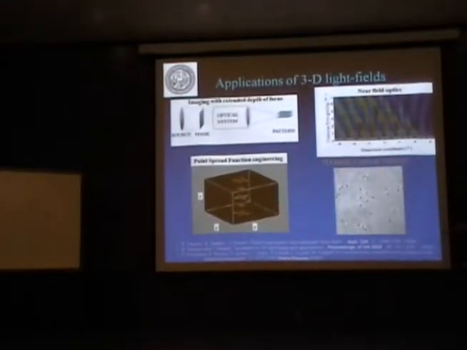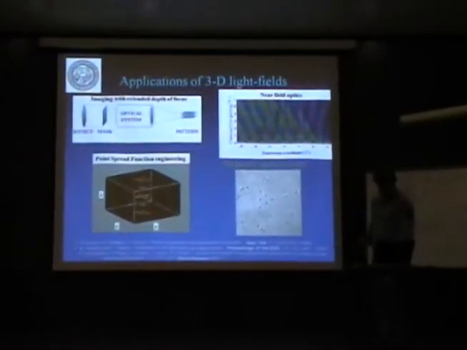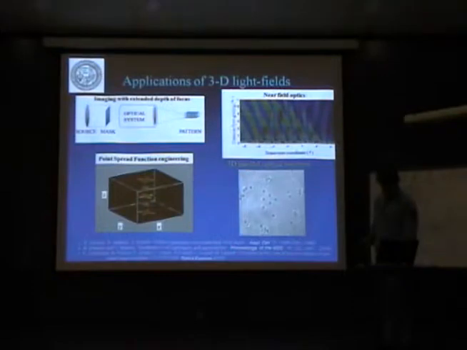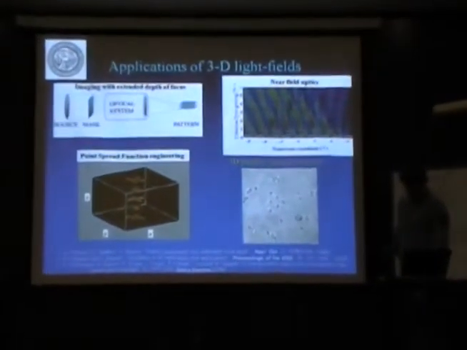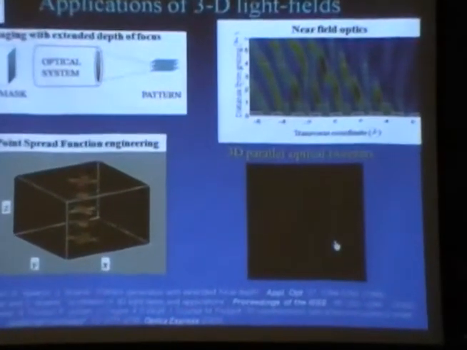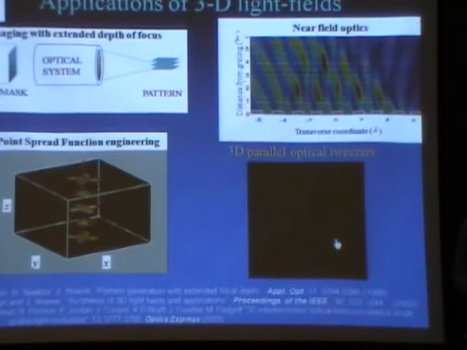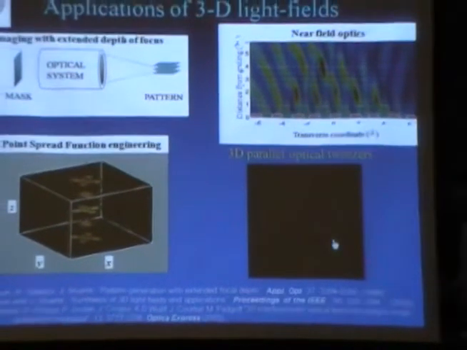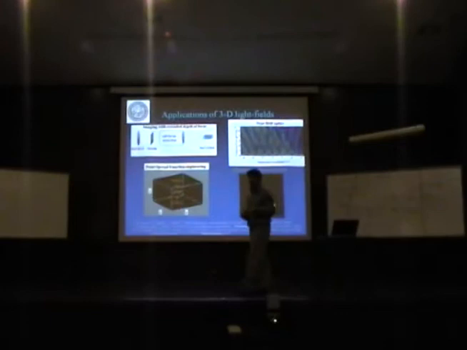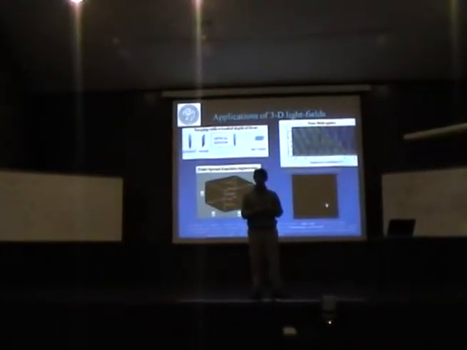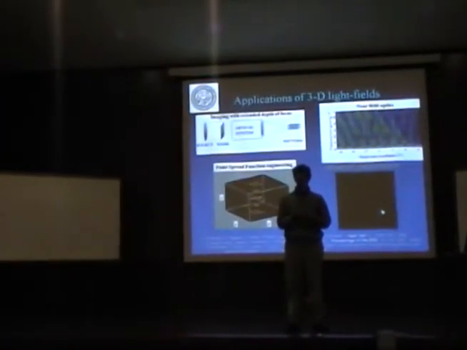And this is optical tweezers, similar to what Ivan showed. Let's see if the movie works. It works here, believe me. The idea is that you can use light to move small particles.